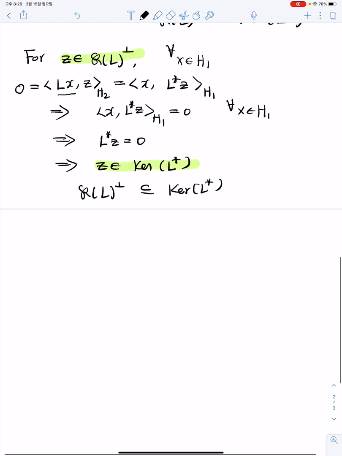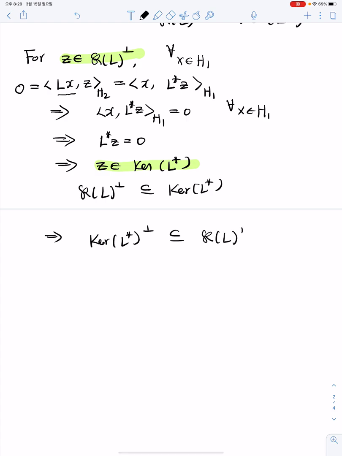And from here, you take the orthogonal of both sides, then the kernel of L star orthogonal is a subspace of the range of L orthogonal, orthogonal. So that's what we have.